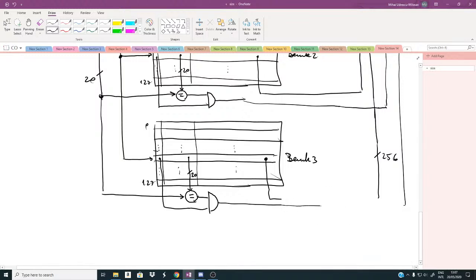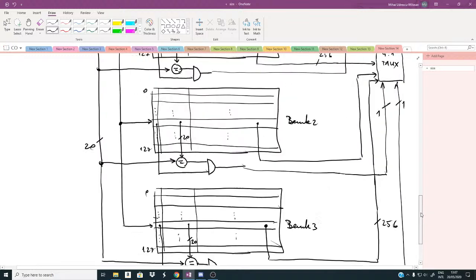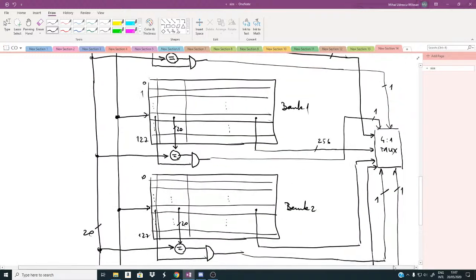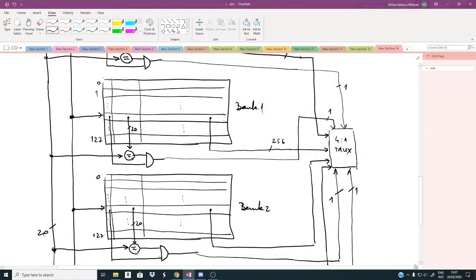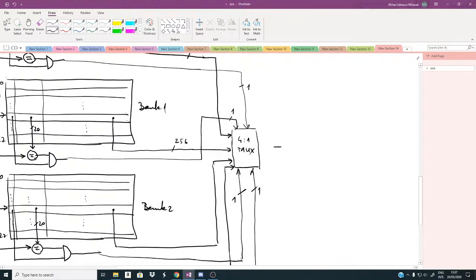Now, let me make this drawing nicer. It's supposed to be nicer, but okay, like this. Now you have here, right?